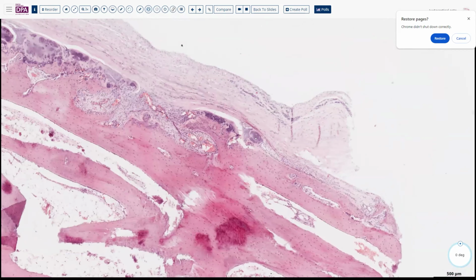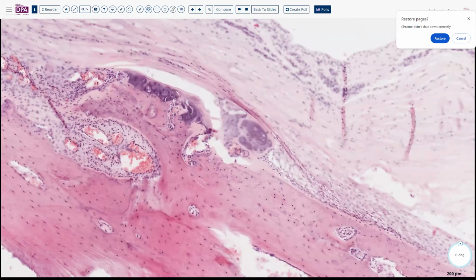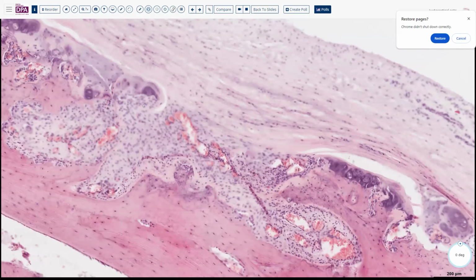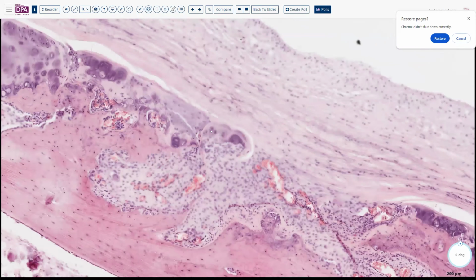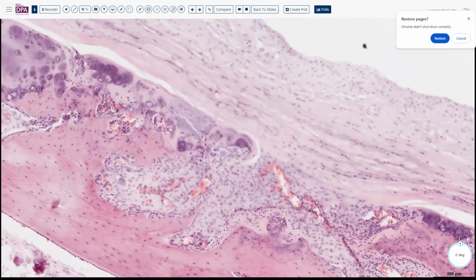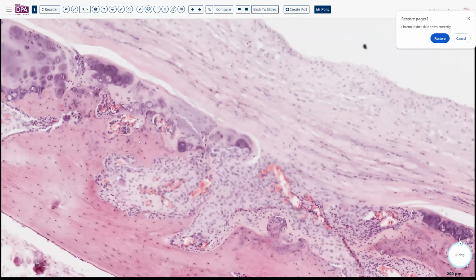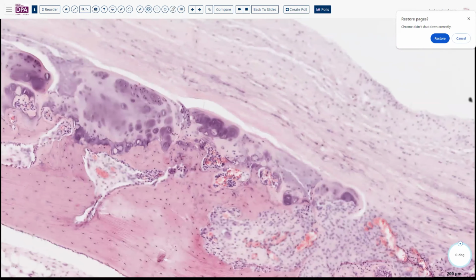But what we see are a number of foci here in the subperiosteal tissues of a little thin cartilaginous cap. And beneath that, some hypervascular tissue and some sense that we have, as you can see here, endochondral type ossification.